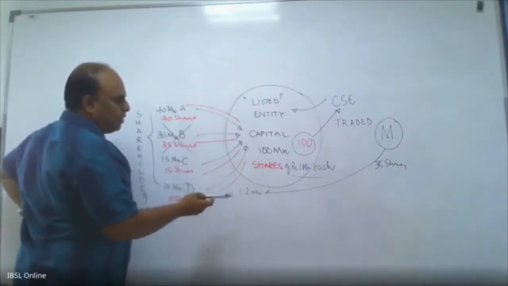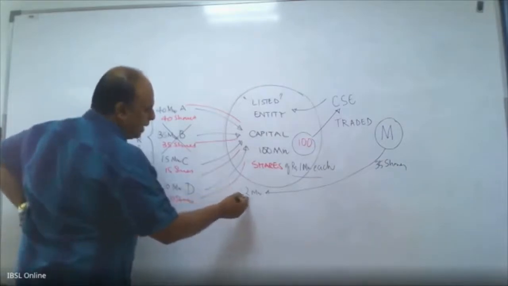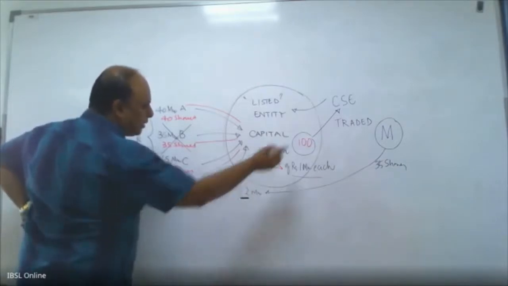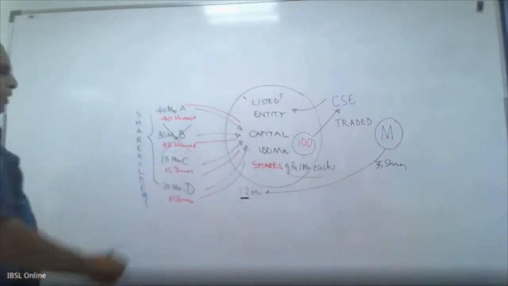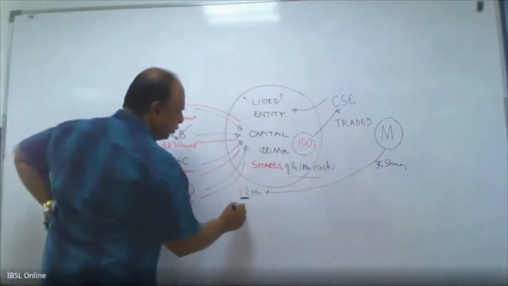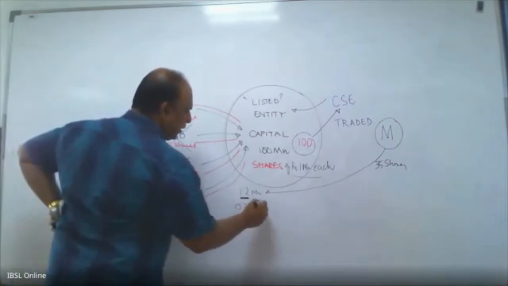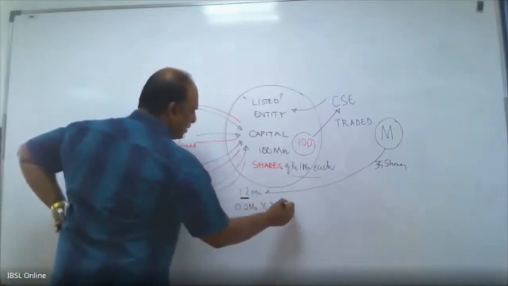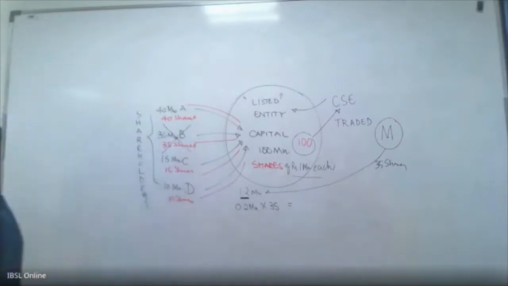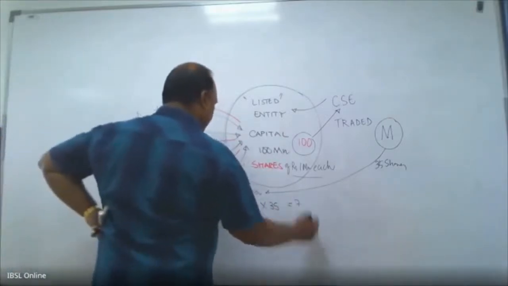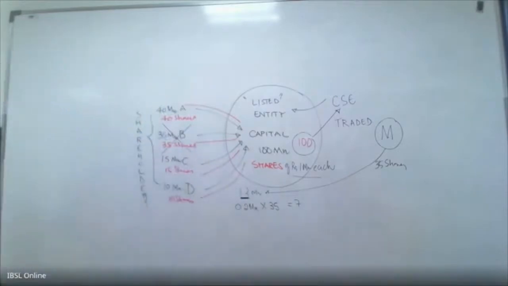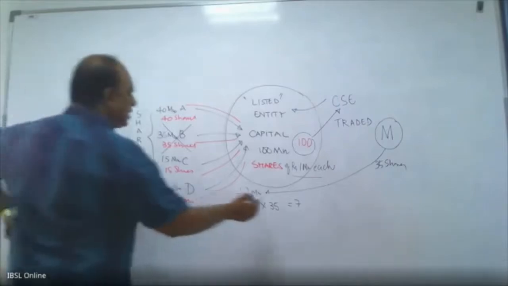What happens to the balance 0.2 million that this person receives? Actually, 1.2 million means 0.2 million into 35 shares. So which is how much? 7 million. Am I correct? So what happens to the additional 7 million?